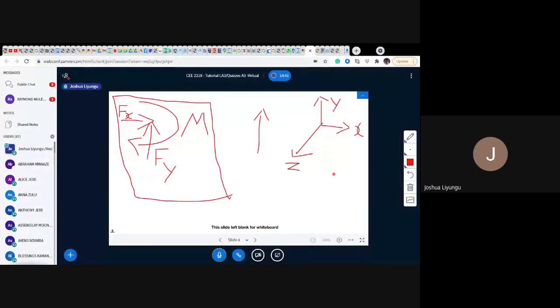Where you have a ball and socket joint, you need 3 support reactions, that is in the x, in the y, and in the z. A fixed connection is going to have a component in the x, a component in the y, and a component in the z. Apart from that, it will also have a moment in the z, a moment in the x, and a moment in the y.